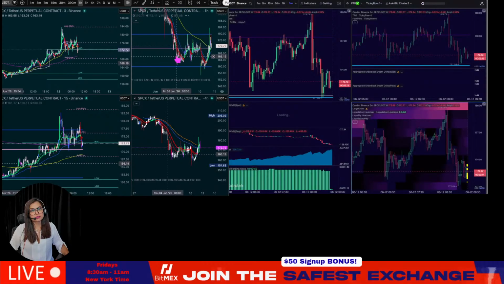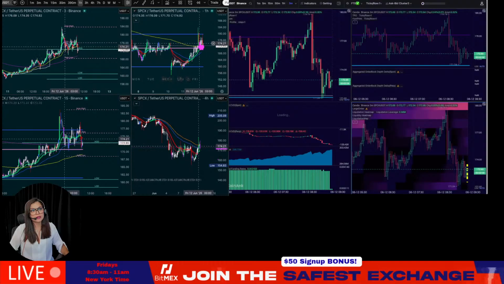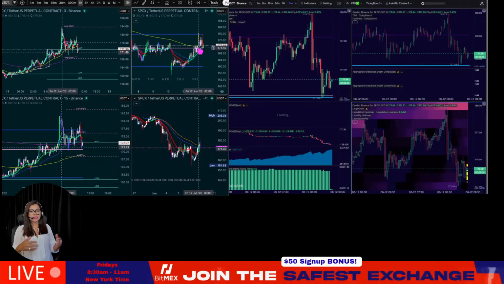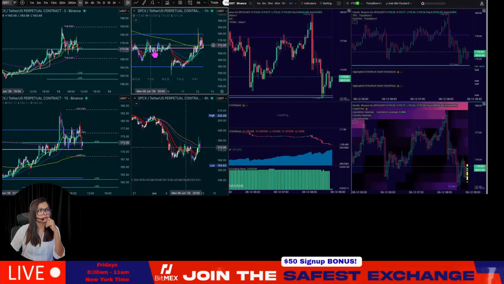Here I did draw out a TPO profile on TradingView. And as you can see, price keeps coming back to the POC, the point of control. The point of control is usually where traders find the most value. This is where they found fair value for whatever instrument you're trading. Right now we're on SPCX, the SPACEX perpetual contract.